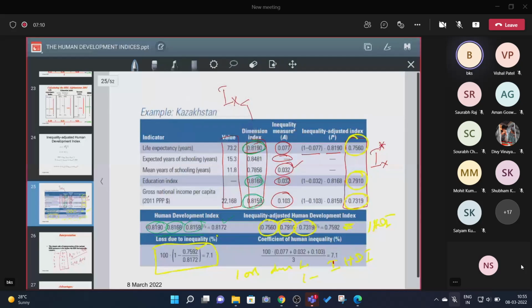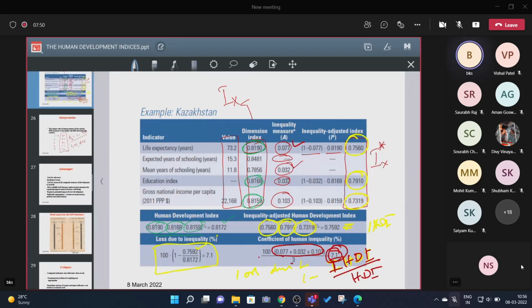And the coefficient of inequality is the sum of each inequality measure divided by 3, multiplied by 100, that gives you the percentage of inequality in human development. So that is how we can calculate the inequality adjusted human development.